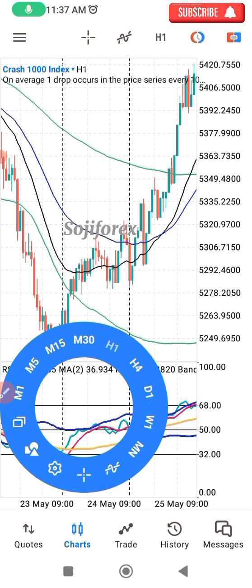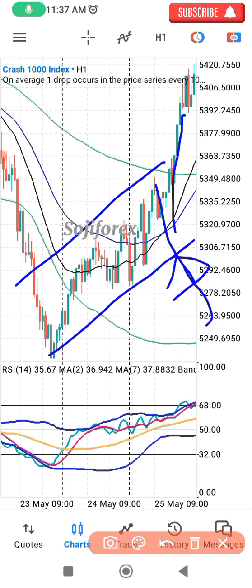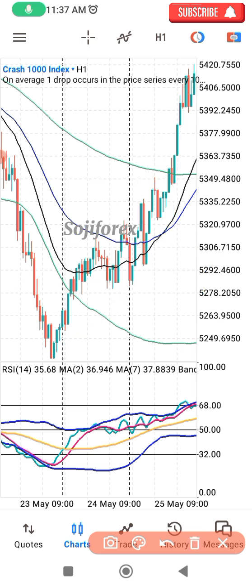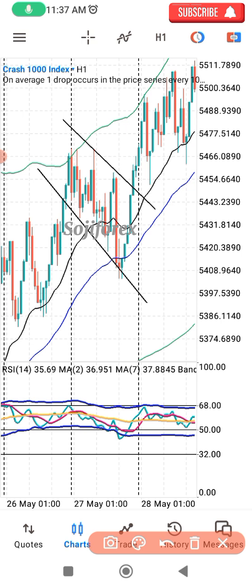If we are to wait on this one, you can see price did not break out of it, rather it continued up. So it would have saved you from having a wrong entry, which probably might have ended up as a loss.